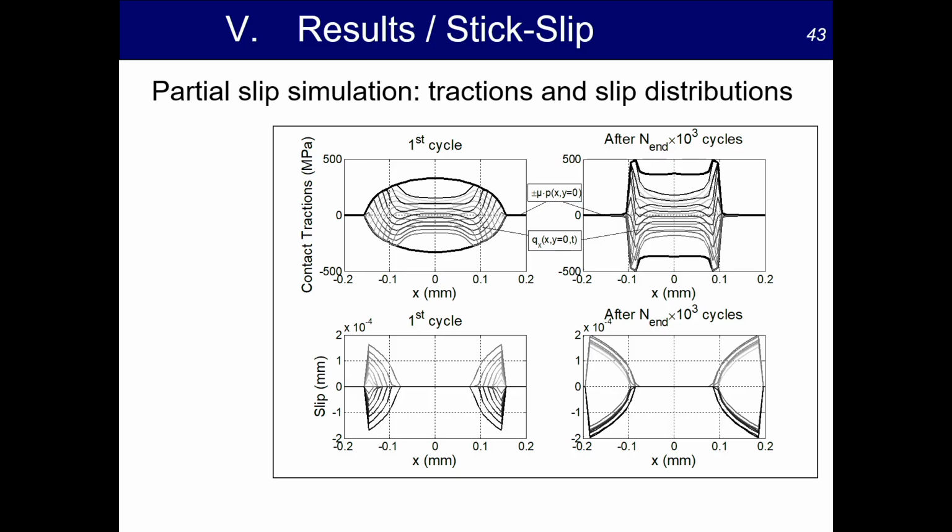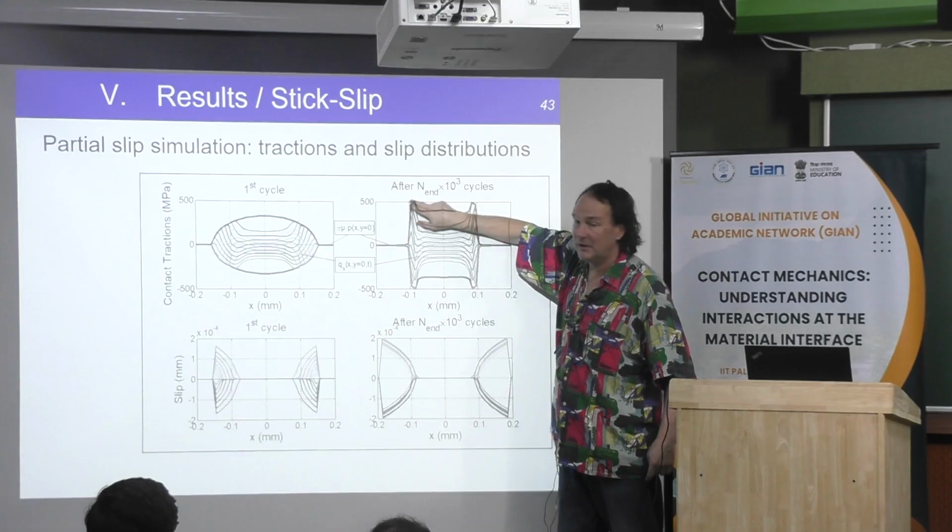Another view. Okay, here you still have the pressure, and all this curve corresponds to the shear stress, then this corresponds to this figure, in fact. But it is rounded because you have some wear, and you have no corner like that. This is for the first cycle, and this is after a large number of cycles. Then the pressure distribution is no more semi-elliptical. It's something with some peak like that. Okay.